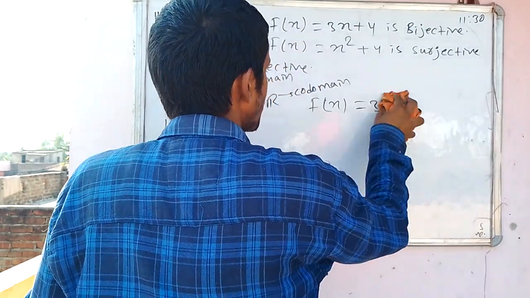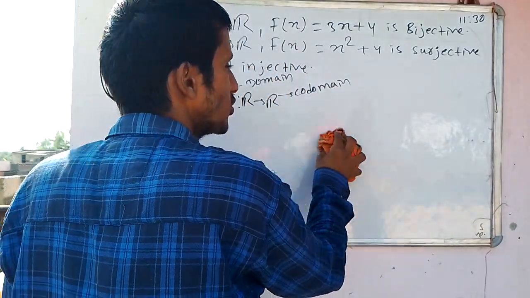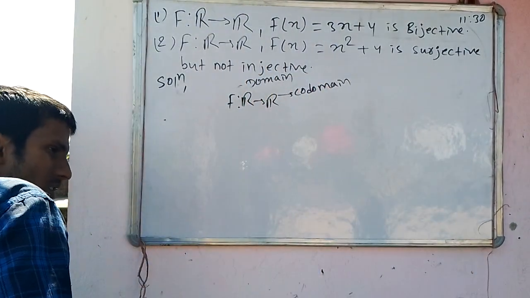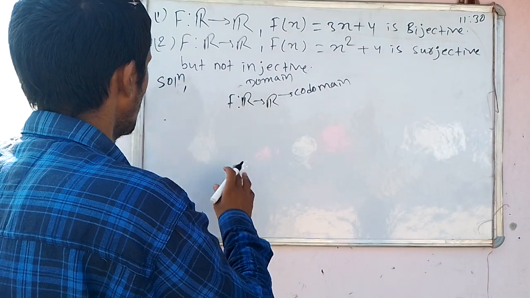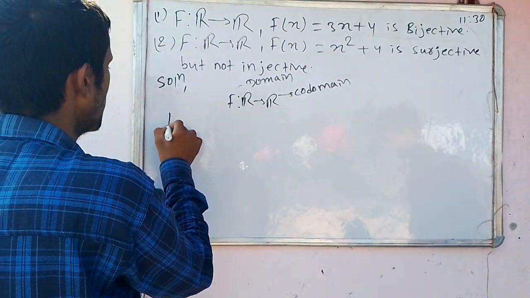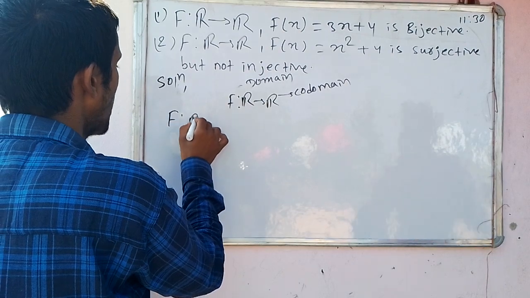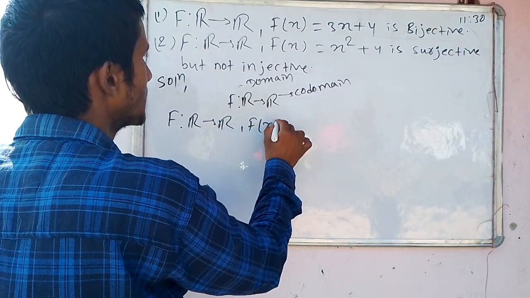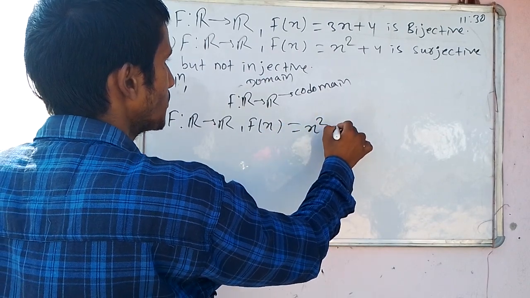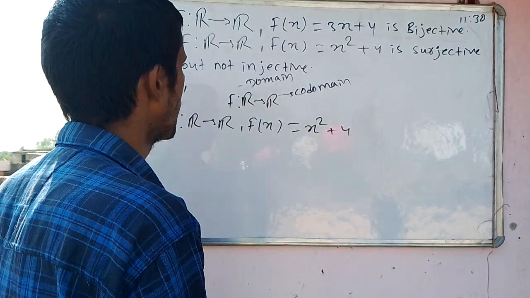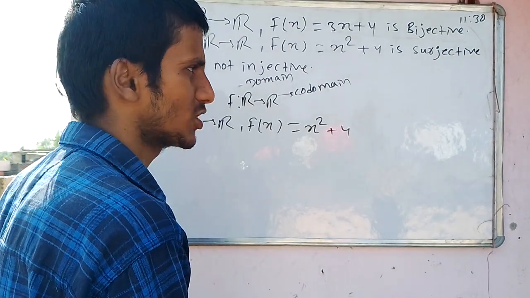You can go and try it on your own, but I'm recording this. So the second problem: we have f from R to R, and f of x is equal to x squared plus 4, and we have to prove that this is surjective but not injective.